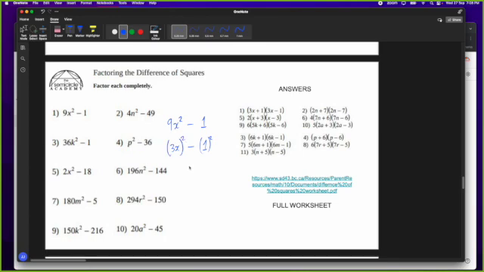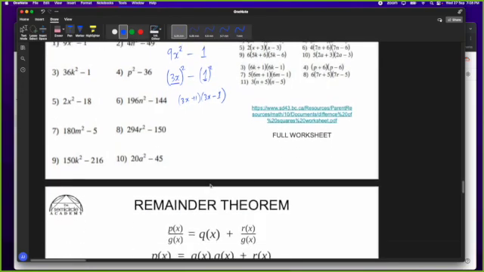That is 9x squared. So you have the 3x and you have the 1, so you can factorize it as 3x plus 1, 3x minus 1. A difference of two squares. So we have questions here for you to practice with in terms of a difference of two squares, right?